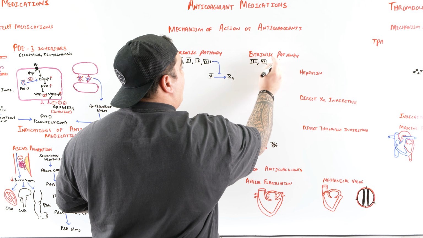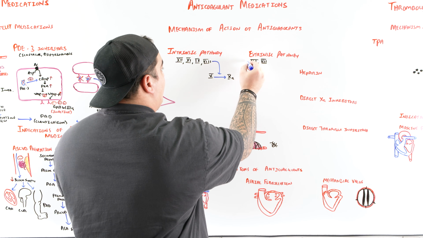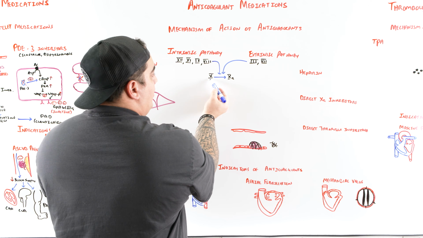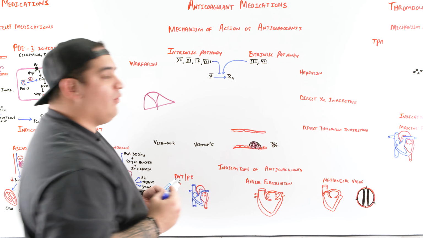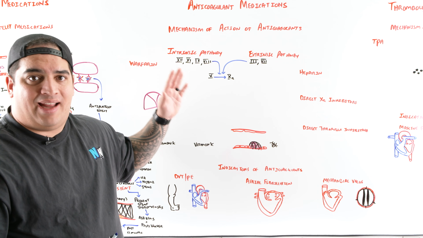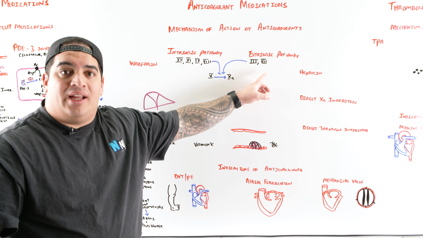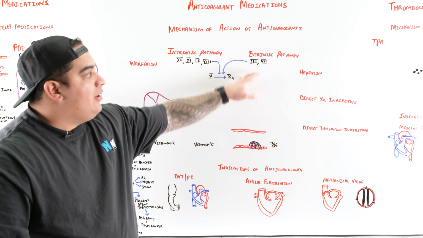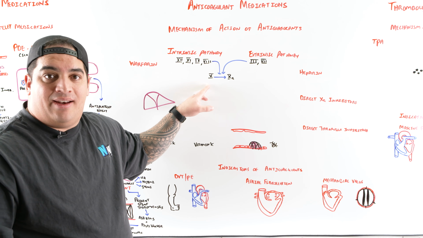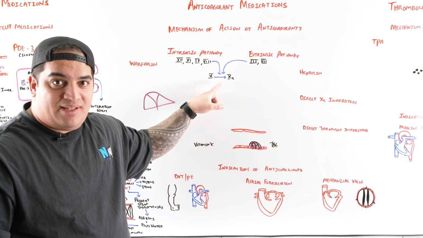And factor 7 and 3, they converge onto a common pathway to convert factor 10 into the activated form. So I always like to remember intrinsic is 12, 11, 9, 8. And I like to remember extrinsic pathway is 3 and 7. Now, 3 and 7 give you 10. And then for 12, 11, 9, 8, you're skipping 10.